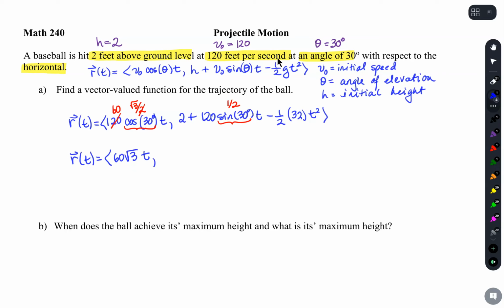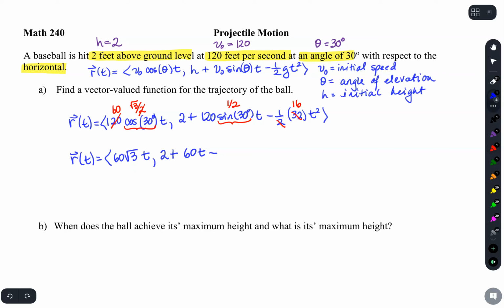And then my y component is going to be 2 plus, now in my y component I have 120 times 1/2, that's 60 times t. And then we have minus 1/2 times 32. 1/2 times 32 is 16.